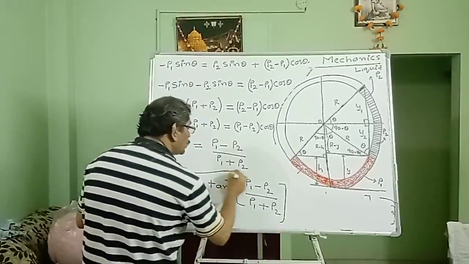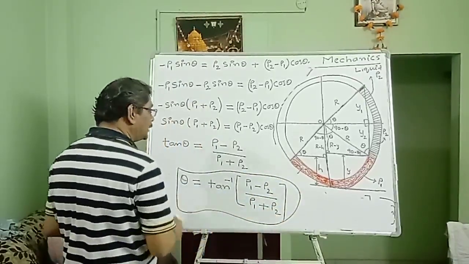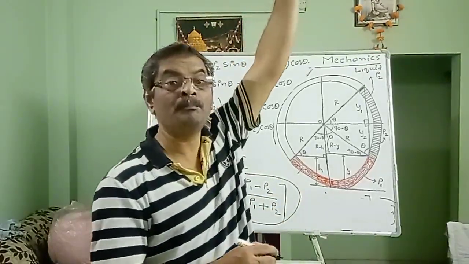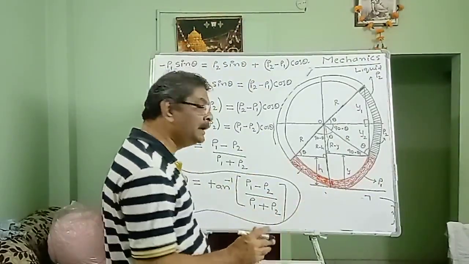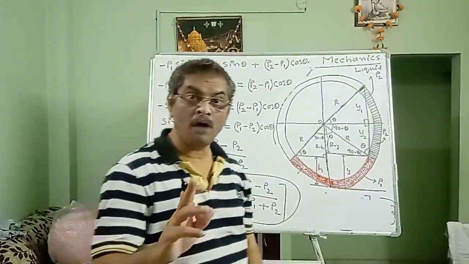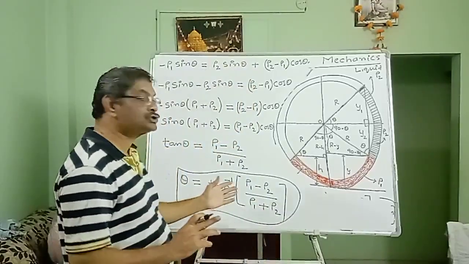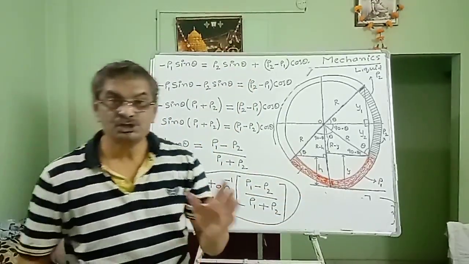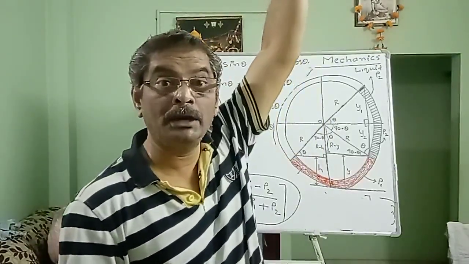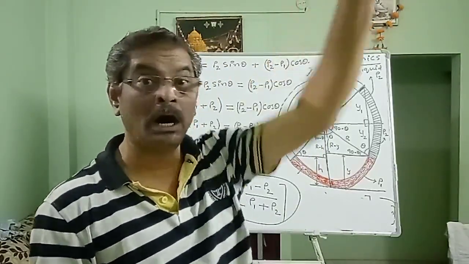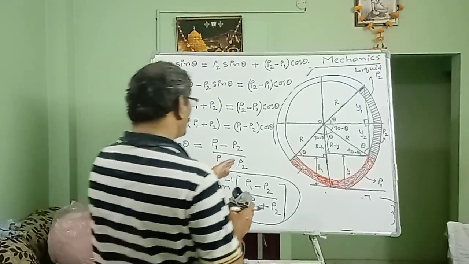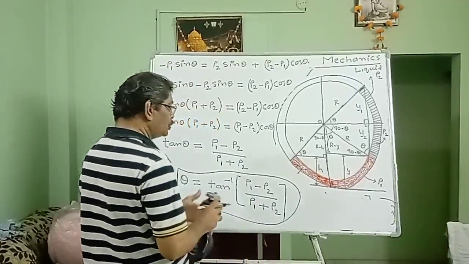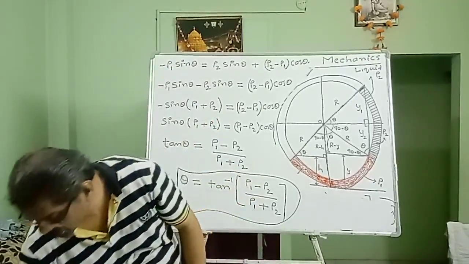So remember, that will be the value of theta in terms of rho 1 and rho 2. Now further I can simplify.